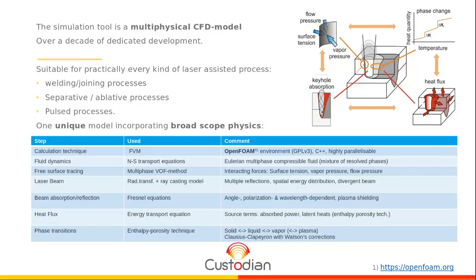Once we identified from the absorption the precise amount of energy that has been absorbed by the material, we can convert this amount of energy into heat, and this by means of the energy conservation. We have heat conduction and heat convection.